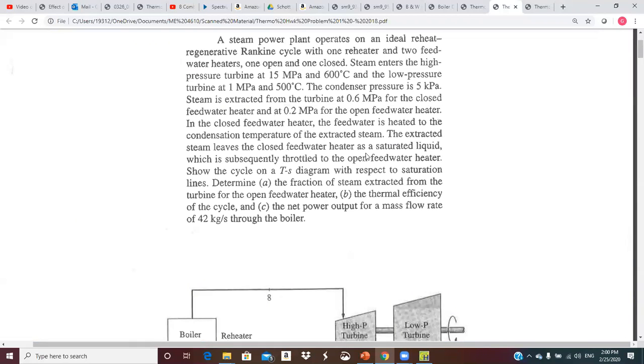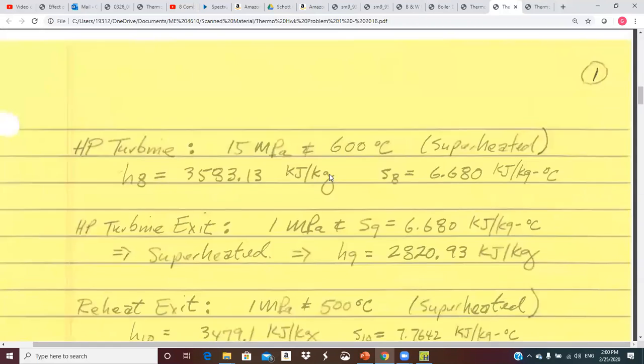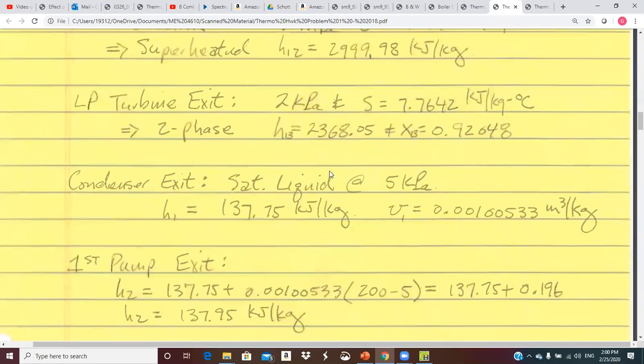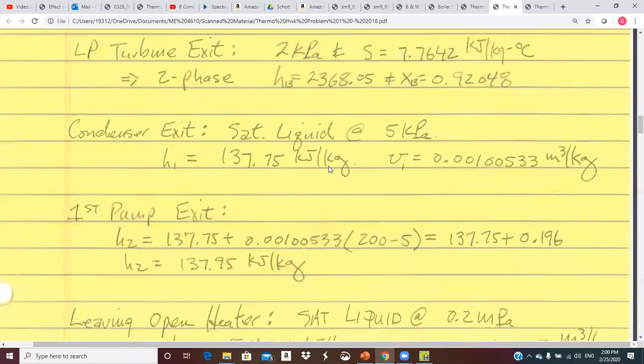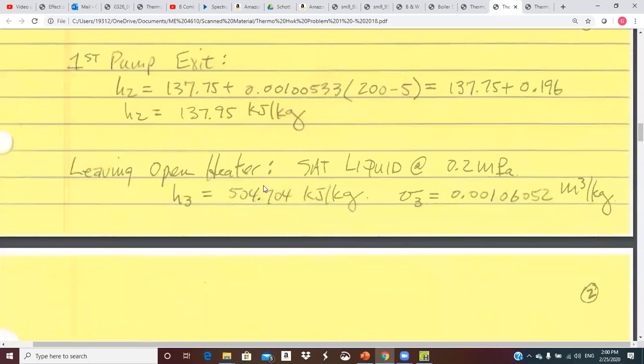Extracted steam leaves the closed. I'm not sure. Let's get on down. Oh, I can't keep all this stuff in my head at one time. Let's see. Leaving open heater, assuming saturated liquid at 0.2 MPa.